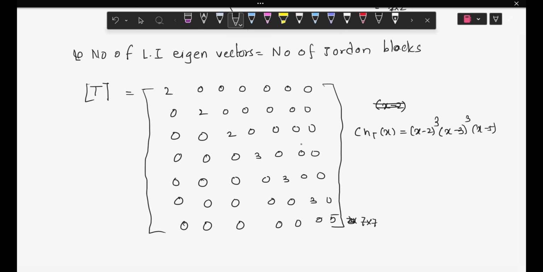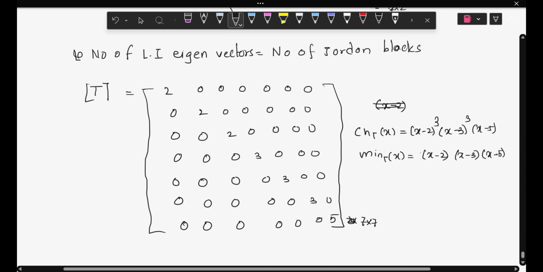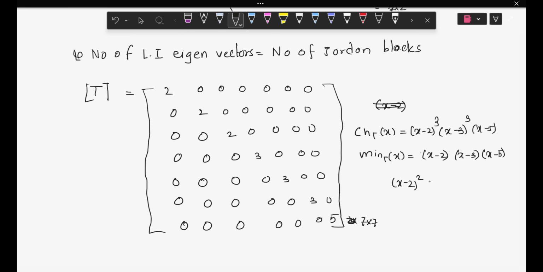So we don't need to calculate the minimal polynomial here. It would be distinct linear factors, so linear means the power would be 1, and distinct. As this is the minimal polynomial, this matrix has to satisfy (x minus 2) whole square, (x minus 3) whole square, (x minus 5) whole square.